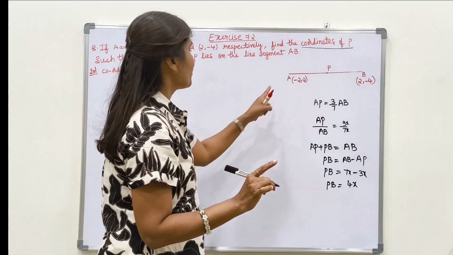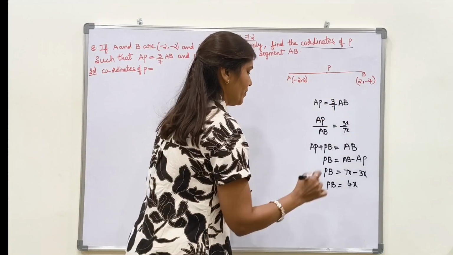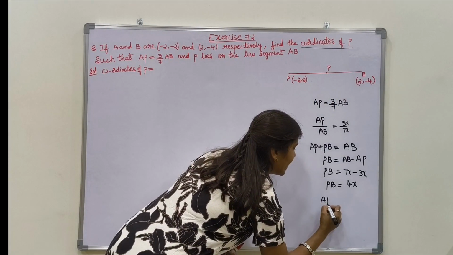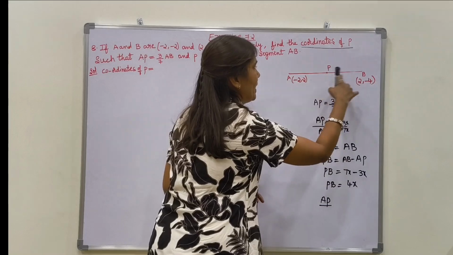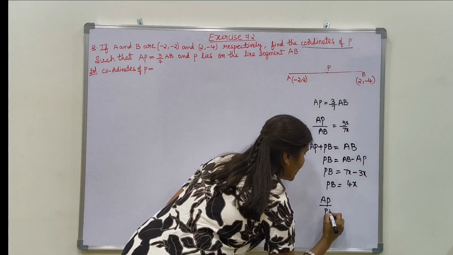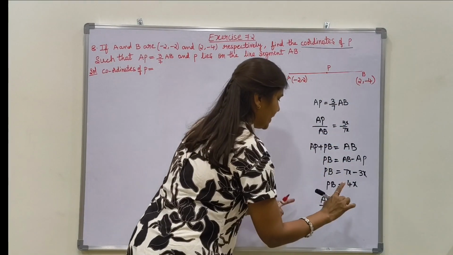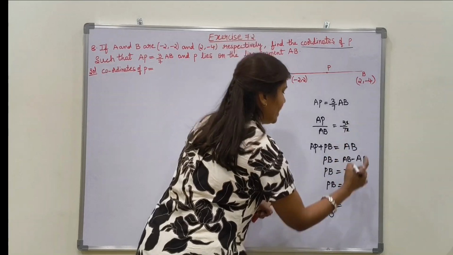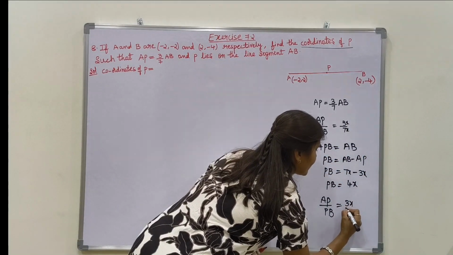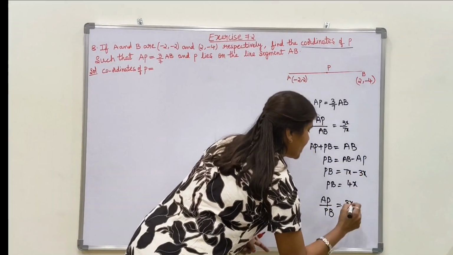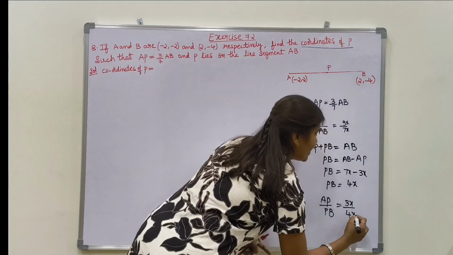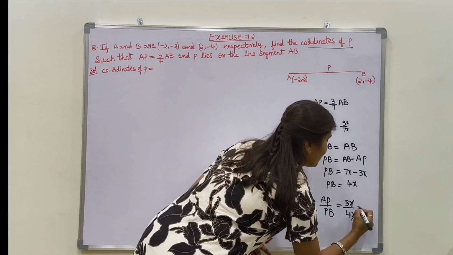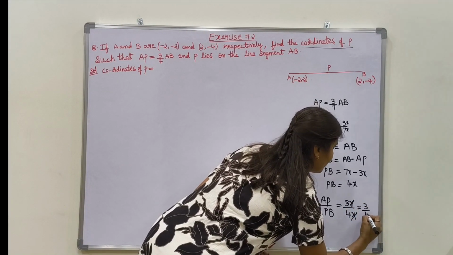Now which ratio do you want? We want the AP to PB ratio. AP by PB is equal to 3x divided by 4x. Now here this x cancels. What will you get? 3/4.